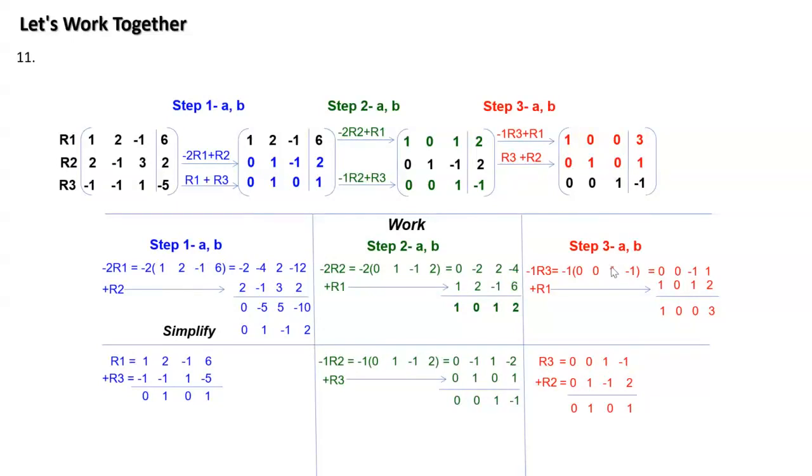That's my new equation number 2. If you notice, it's already in proper form. All the diagonal entries are 1, and the rest are zeros. That means x equals 3, y equals 1, and z equals negative 1. That's my solution.